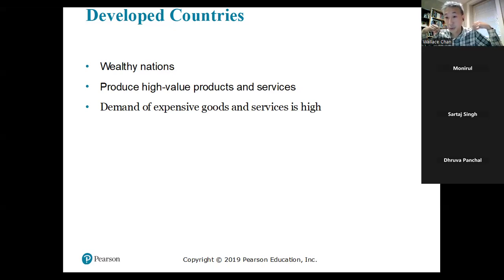It's not easy for you to find the made in Canada shirt or made in United States t-shirt because they tend to be more expensive to produce. So most of those, what we call the low-skilled products, now tend to be produced in developing countries, newly industrialized countries, or emerging markets, but not in developed countries.